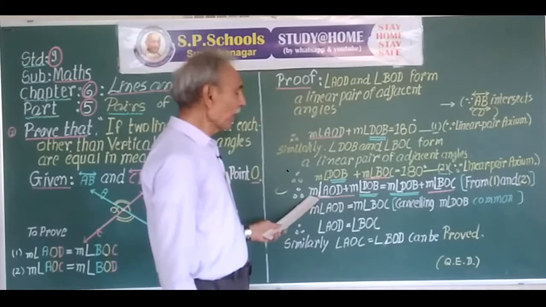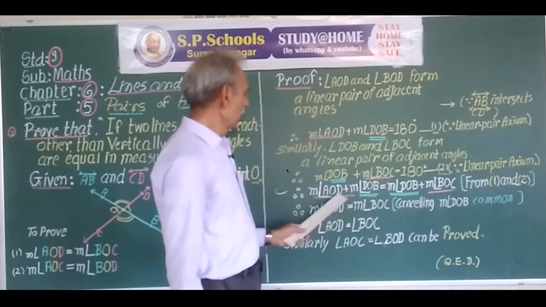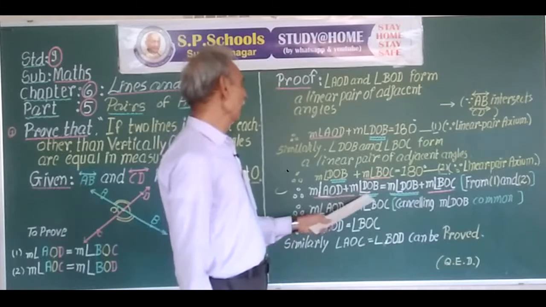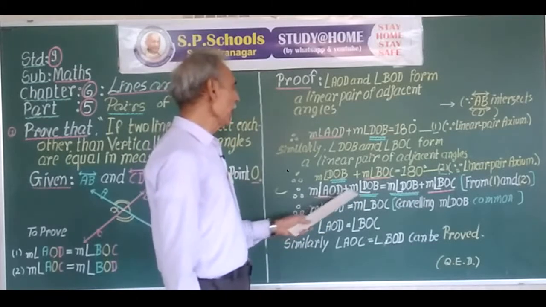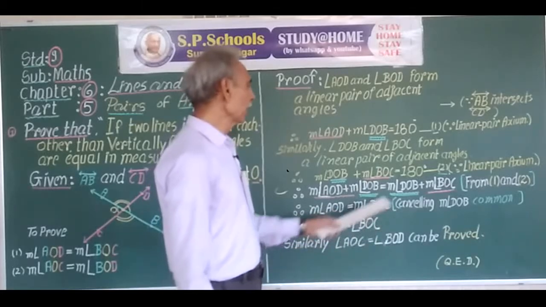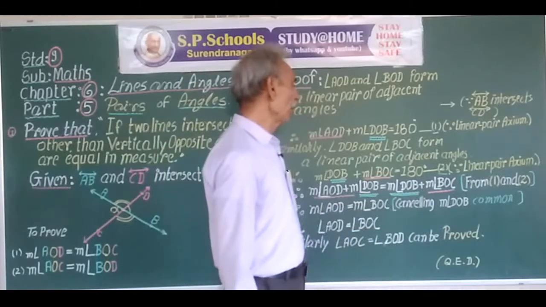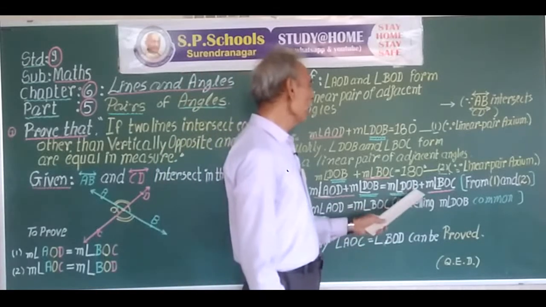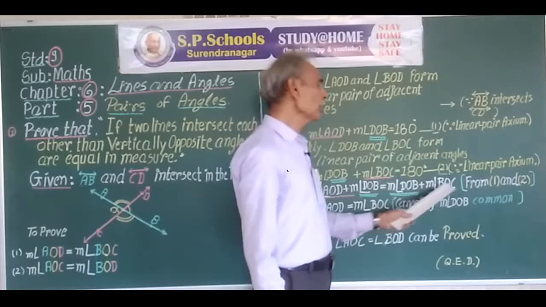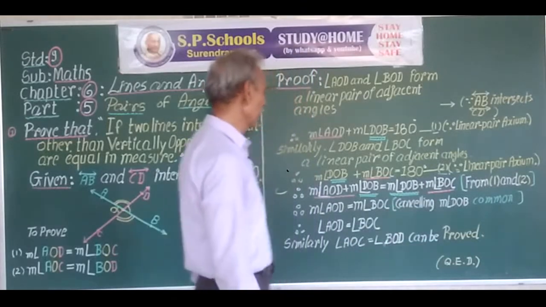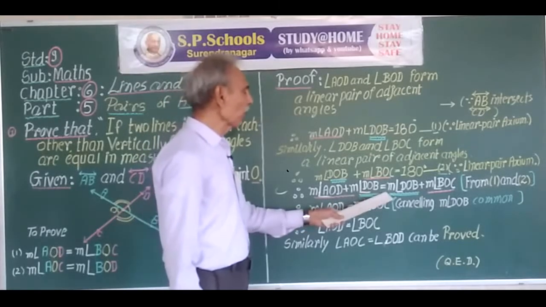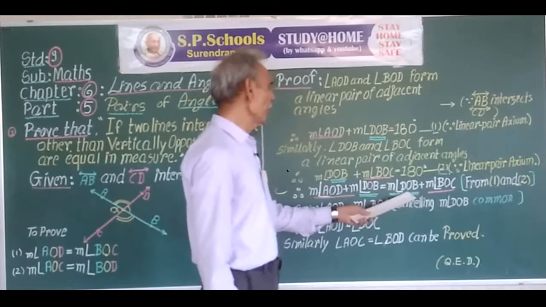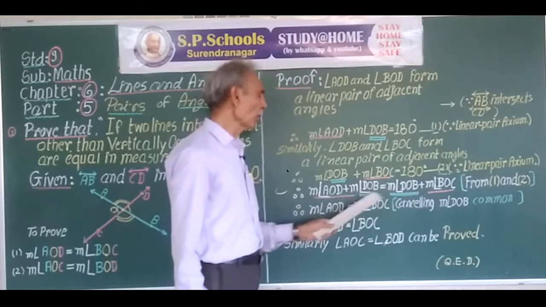Now, observe here the sum of the measures of two angles, AOD and DOB, is equal to the sum of the measures of angles DOB and BOC. Now look here, measure angle DOB equals measure angle DOB, the same thing on both sides.